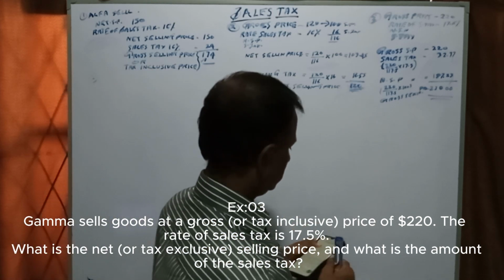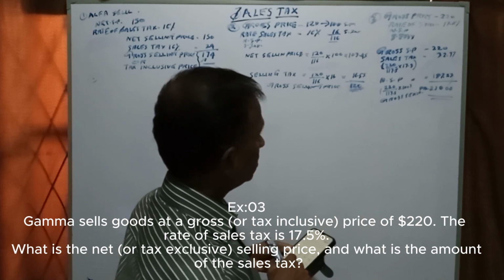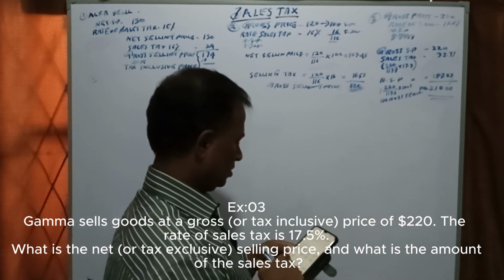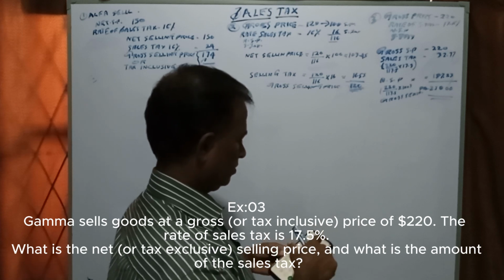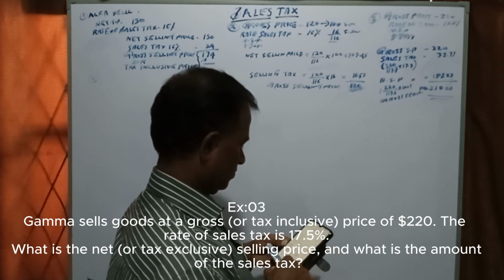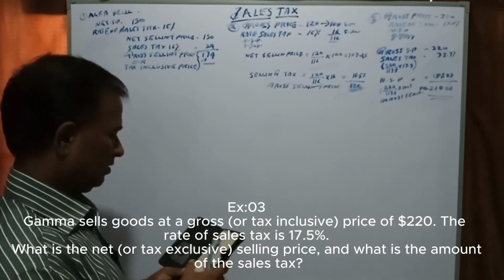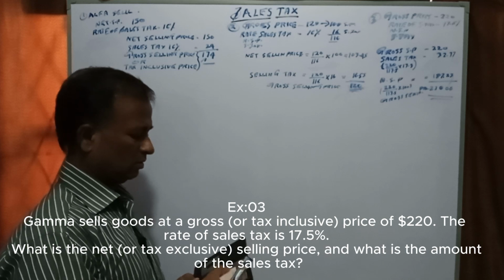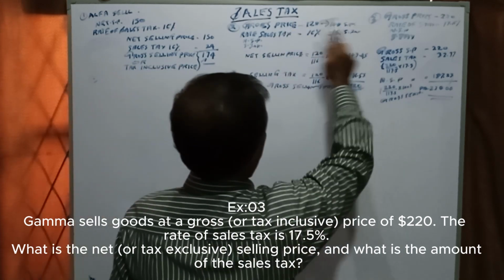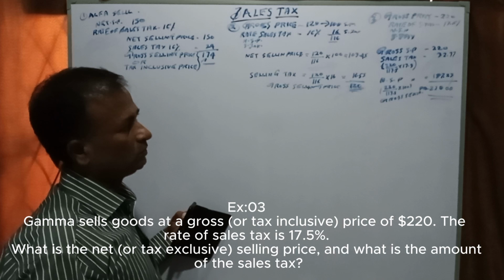If you want to cross check, you can calculate 17.5 percent on 187.23, which gives 32.76. So we have completed one, two, three.